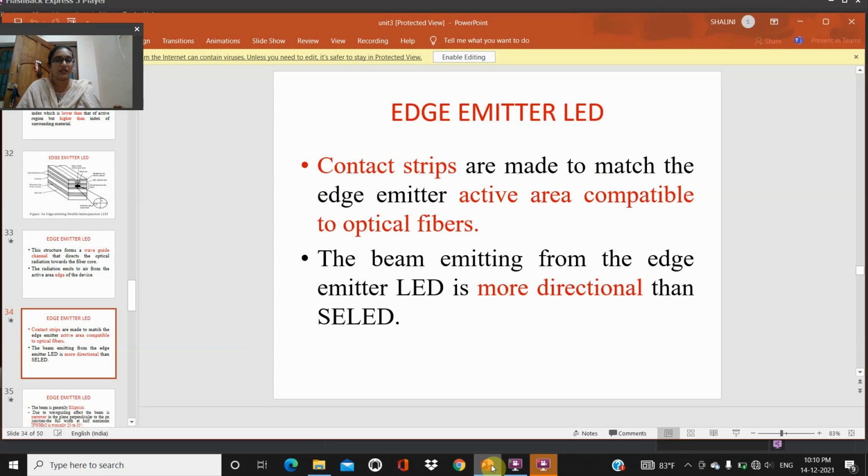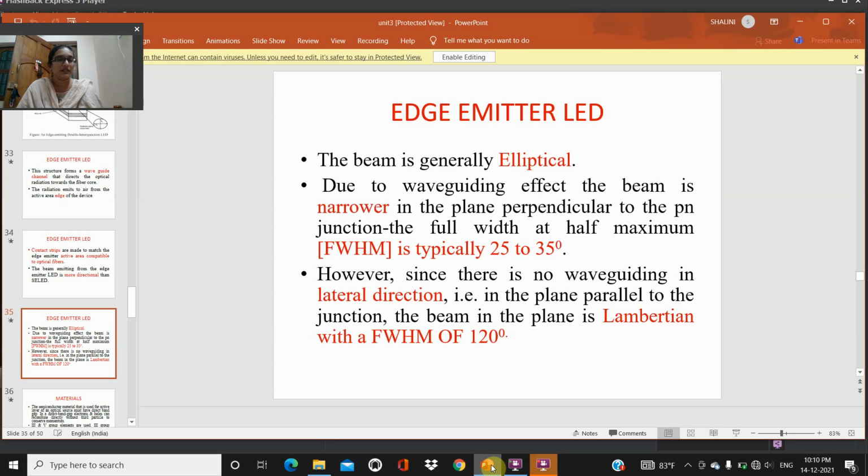The beam emitting from the edge emitter LED is more directional than from a surface emitter LED. The beam here is generally elliptical. Due to the waveguiding effect, the beam is narrower in the plane perpendicular to the PN junction. The full width at half maximum is typically 25 to 35 degrees.